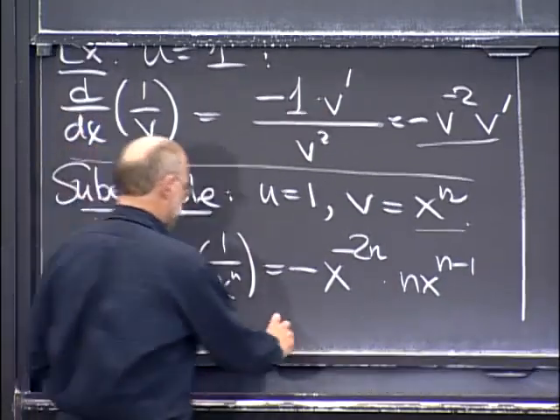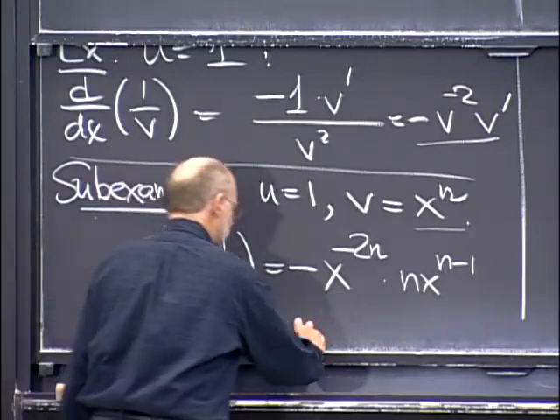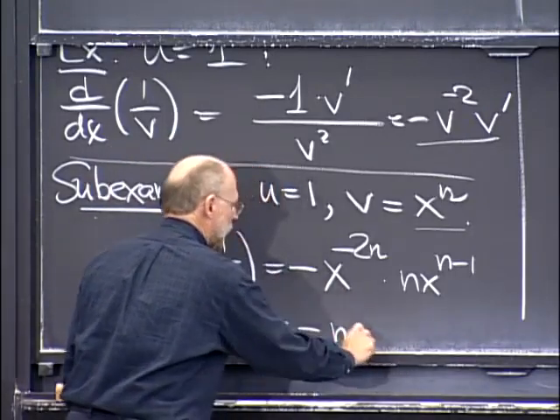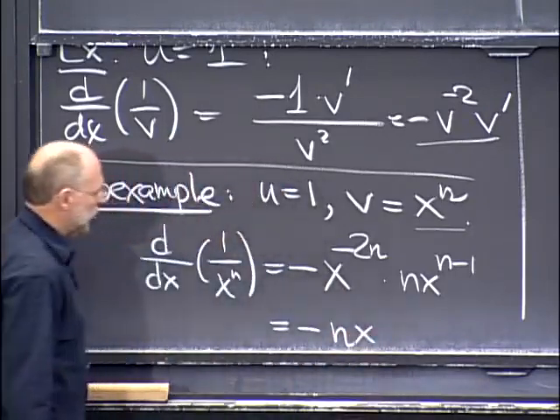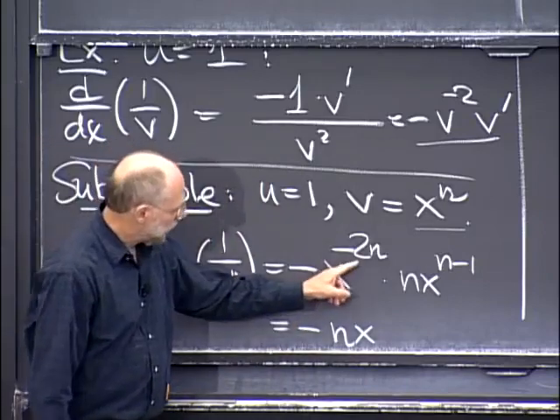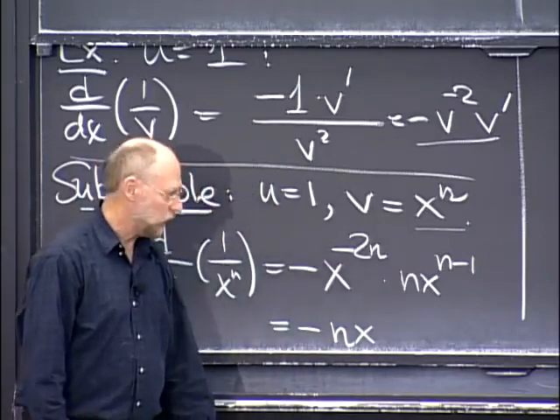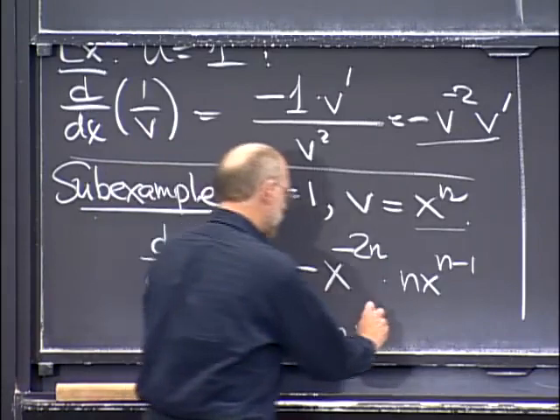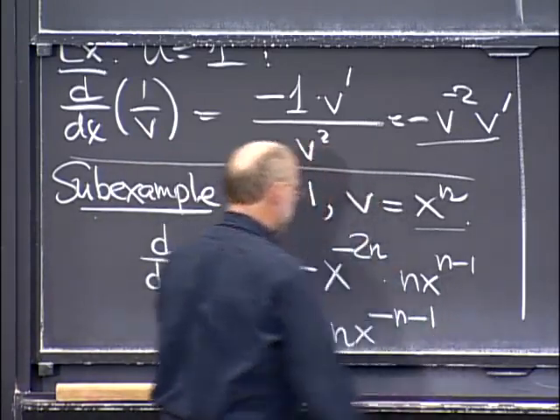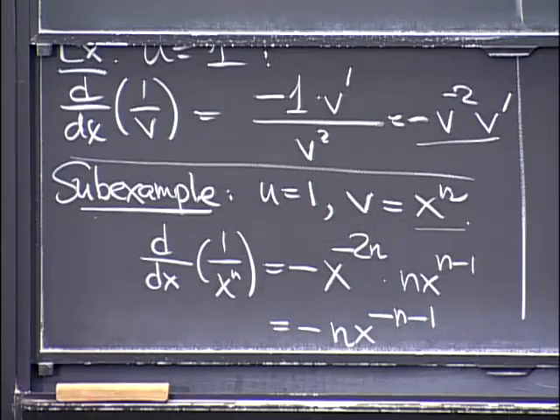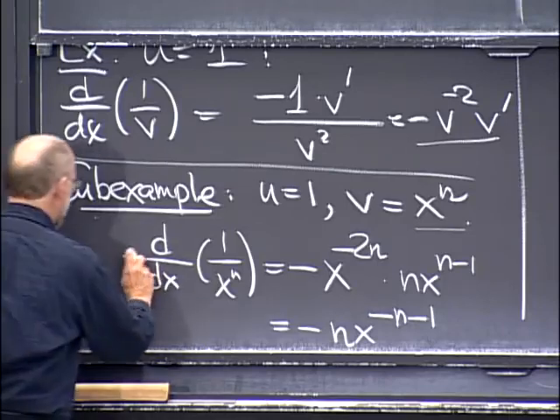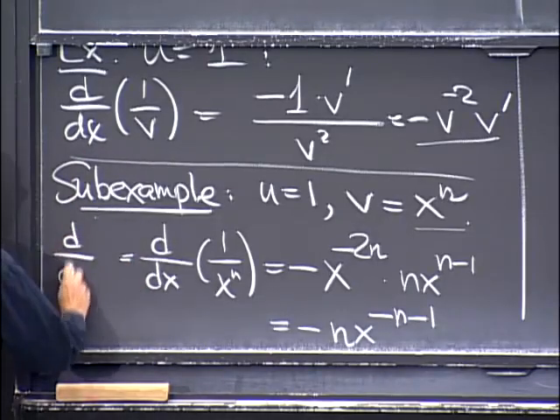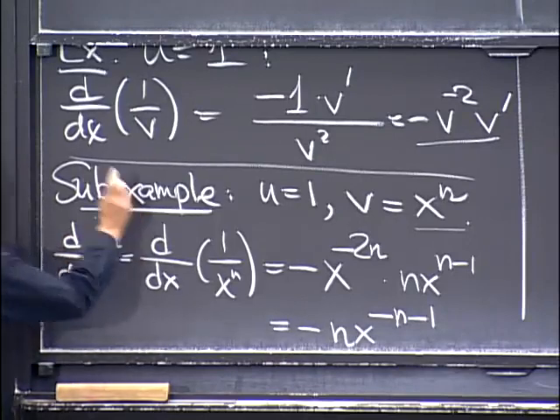Okay, so let's put these together. There's several powers of x here. I can put them together. I get n times x to the minus 2n plus n minus 1. One of these n's cancels, and what I'm left with is minus n minus 1. So we've computed the derivative of 1 over x to the n, which I could also write as x to the minus n, right?